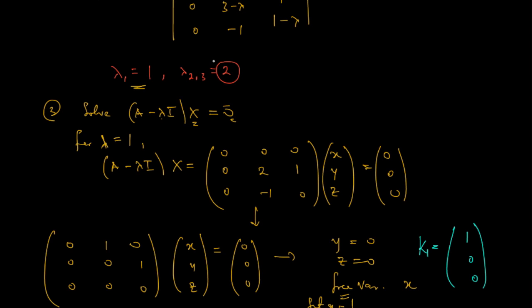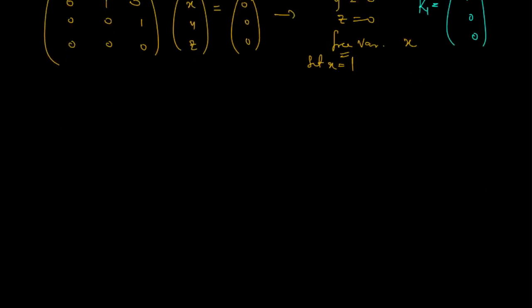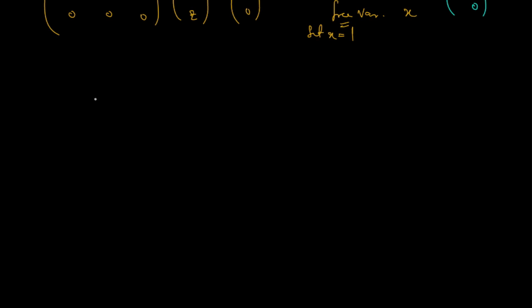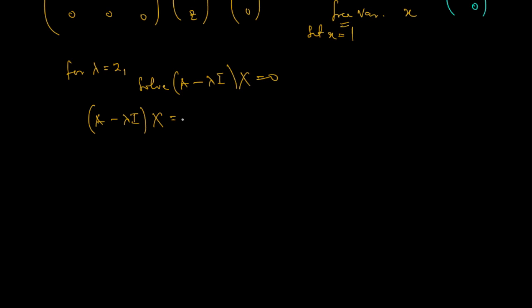So let's go ahead to find the eigenvector that corresponds to lambda equals 2. For lambda equals 2, to find the eigenvector, we solve the same equation, A minus lambda I times x equals 0.